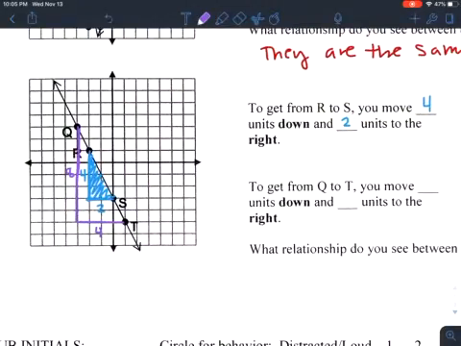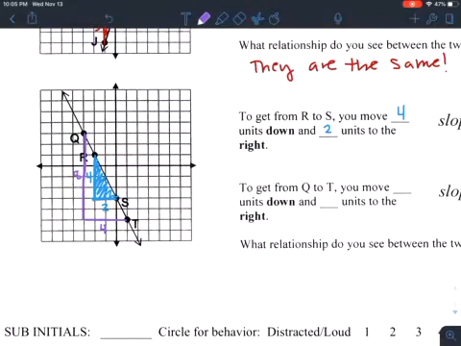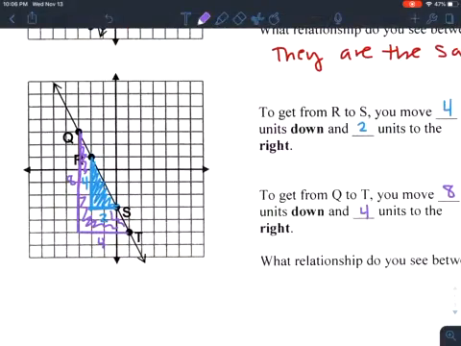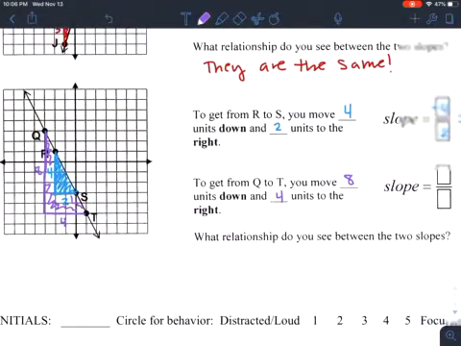Okay, so to answer those questions, to get from Q to T, you move 8 units down and 4 units to the right. But again, remember with the slope, and I didn't really color it in because it'd be sloppy looking, but there we go. With slope, if you're ever going down, you're going to make that one negative. So my rise is actually going to be -8.